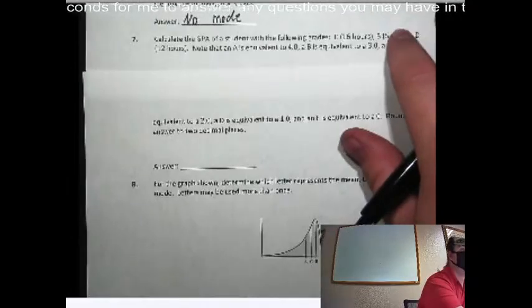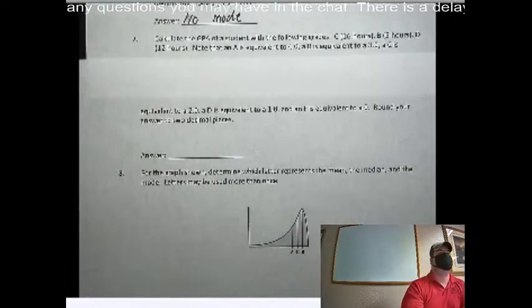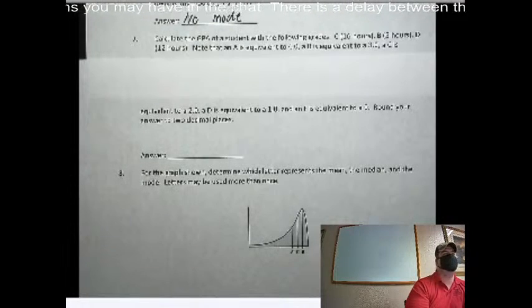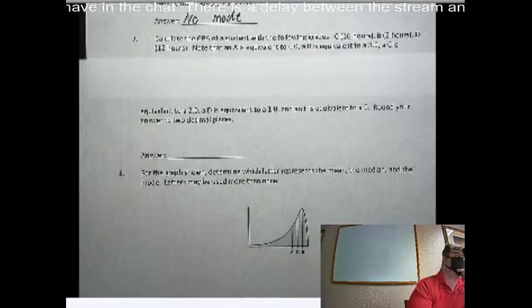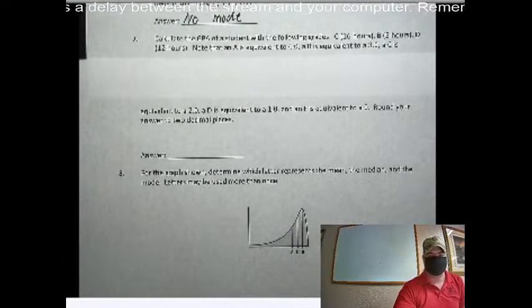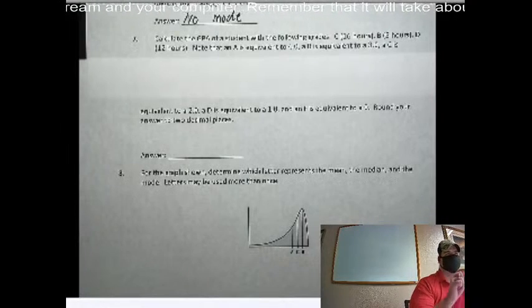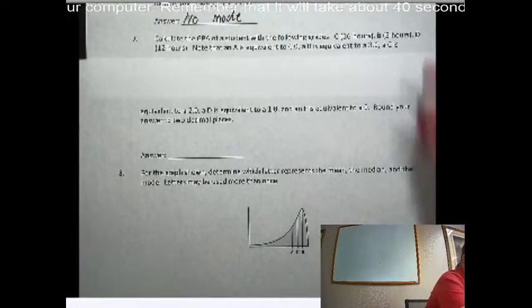All right. Next one. Calculate the GPA of a student with the following grades: C for a 16-hour course, B for a 5-hour course, D for a 12-hour course, and round to 2 decimal places. The first thing we need to do is convert these letter grades into numbers.